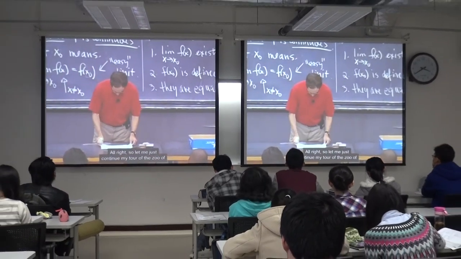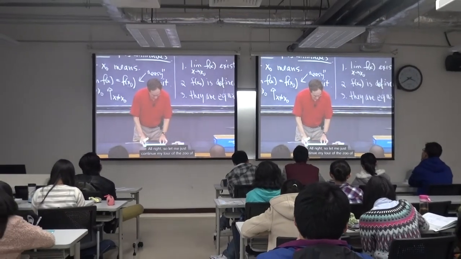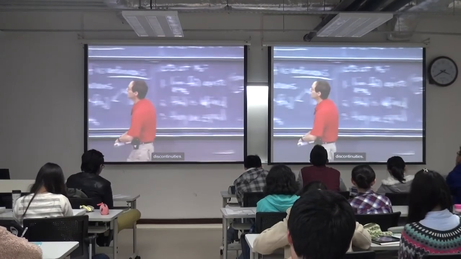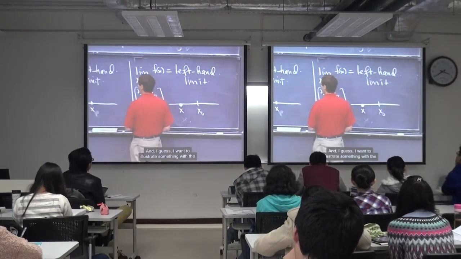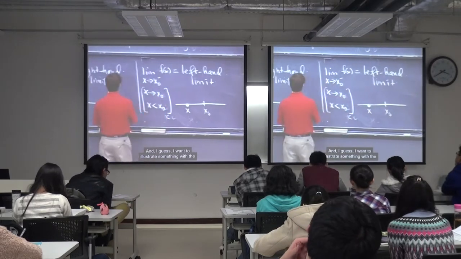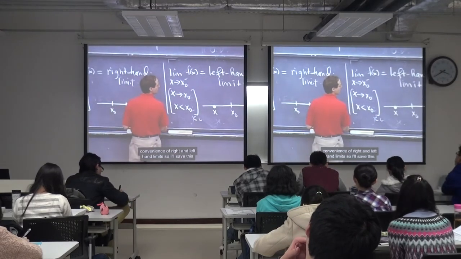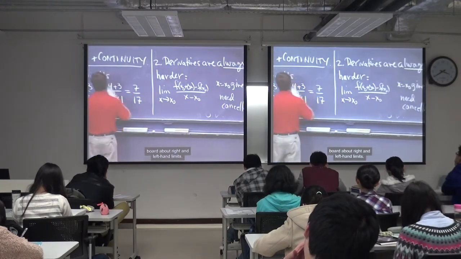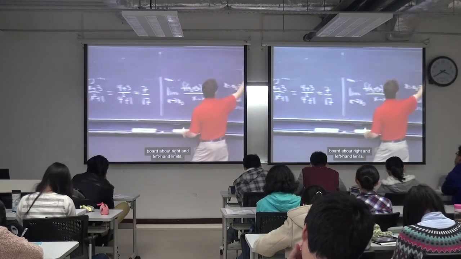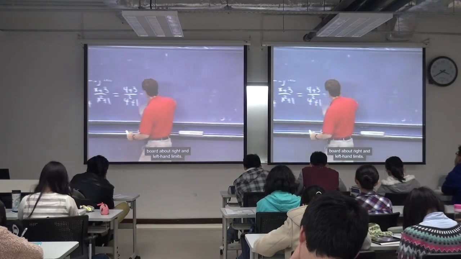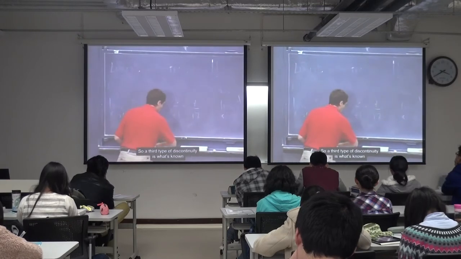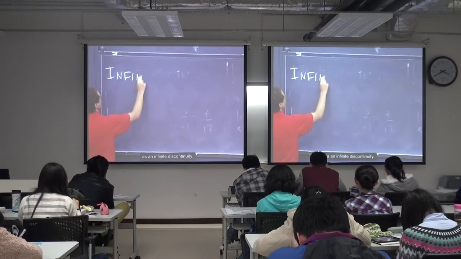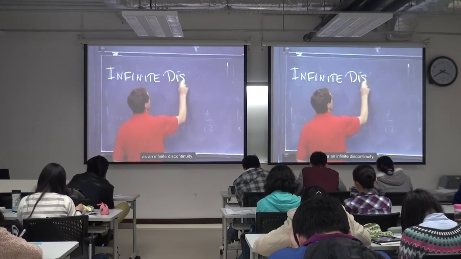All right, so let me just continue my tour of the zoo of discontinuities. And I guess I want to illustrate something with the convenience of right and left-hand limits. So I'll say this board about right and left-hand limits. So a third type of discontinuity is what's known as an infinite discontinuity.